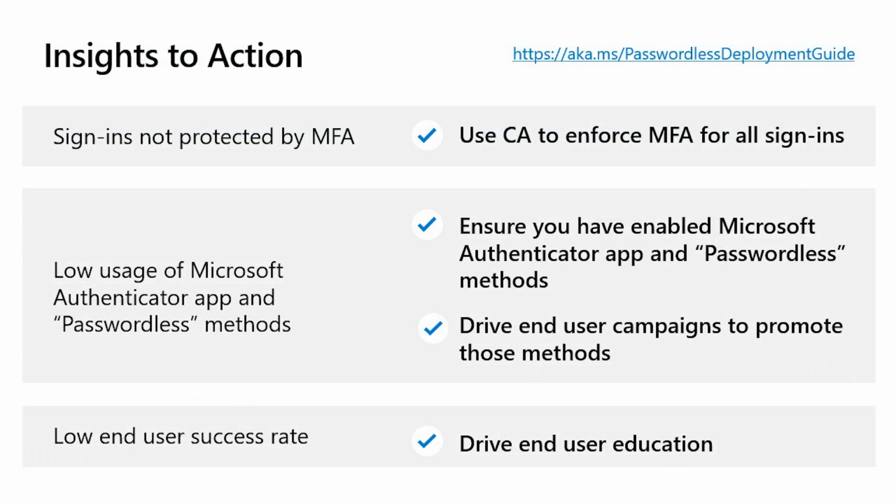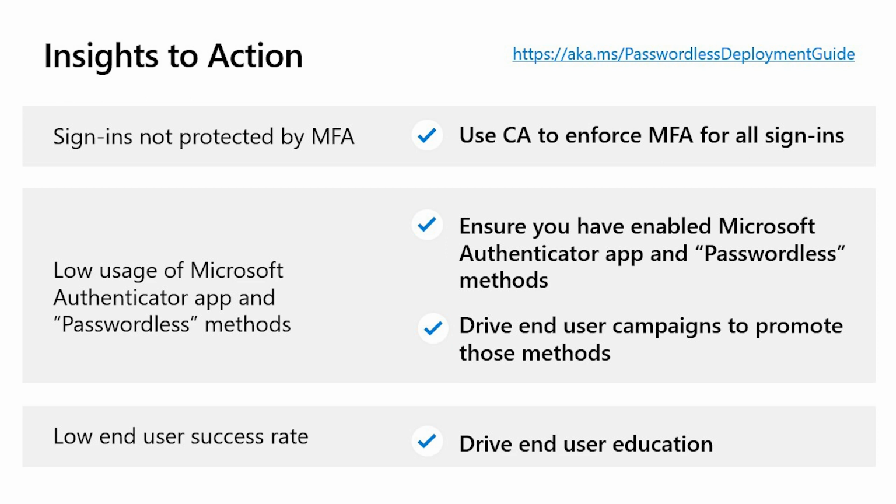To proactively verify your users with multi-factor authentication, leverage the auth method insights I showed earlier. Those insights are available using Microsoft Graph APIs and can be easily integrated with your SIEM tools. To summarize the actions for sign-ins not protected by MFA, use conditional access to enforce MFA for all sign-ins.